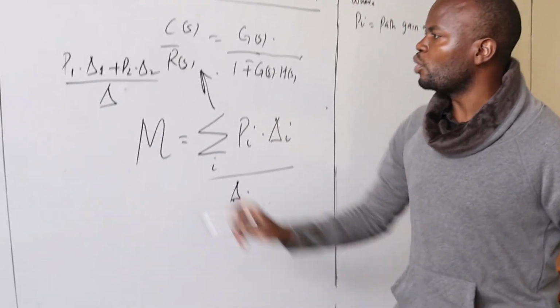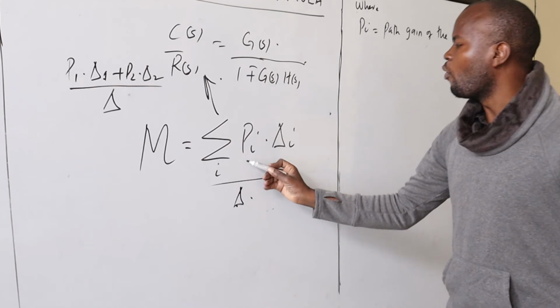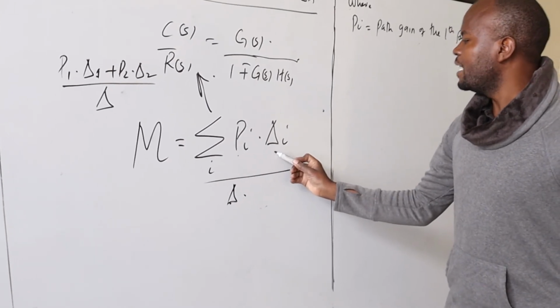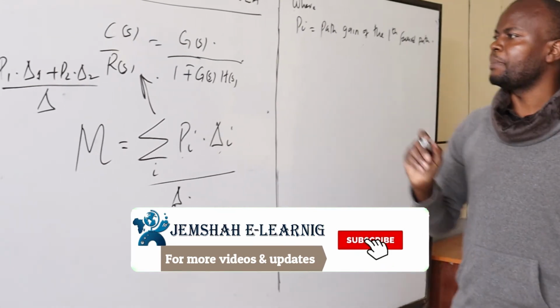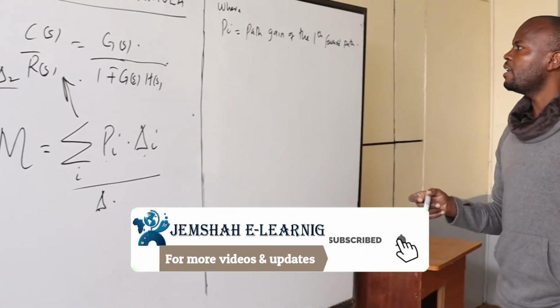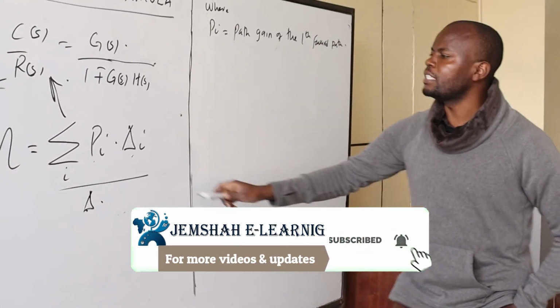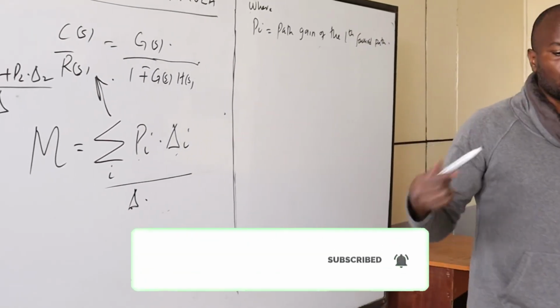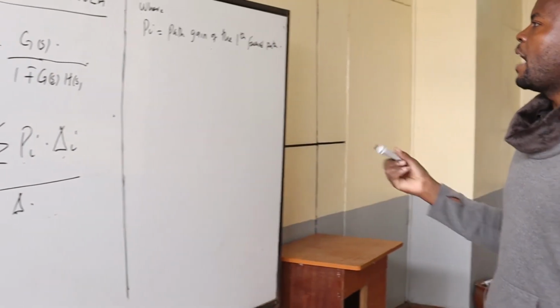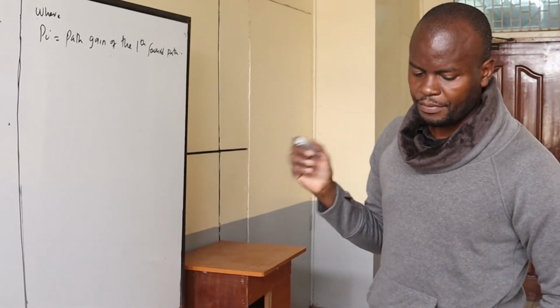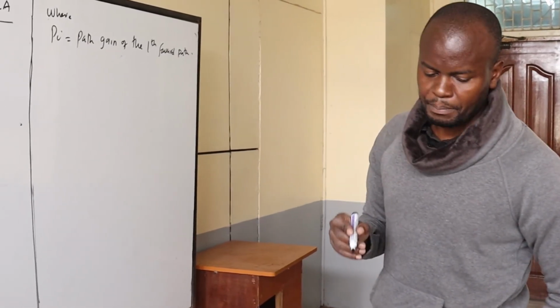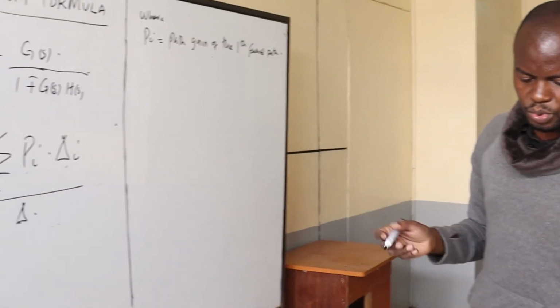So this is what we call the summation of Pi and delta i: each and every path times its own determinant. We'll see how we get the determinant. So it is the sum. You have to ensure that you determine all the forward paths that are possible in that particular signal flow graph, and multiply them by their determinants, which we are going to talk about.